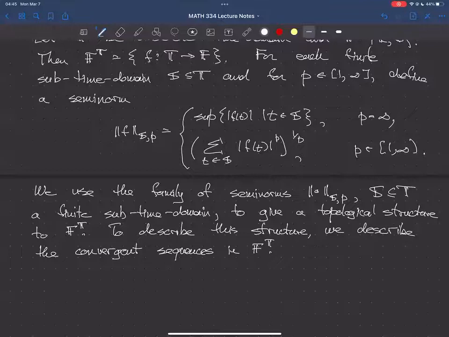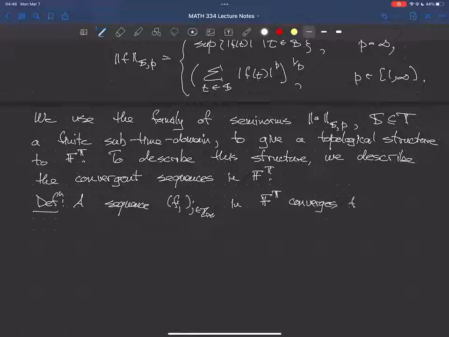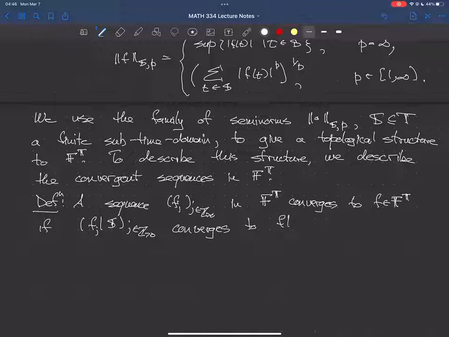And the definition is going to be that a sequence Fj in FT converges to F if the sequence Fj restricted to S converges to F restricted to S.